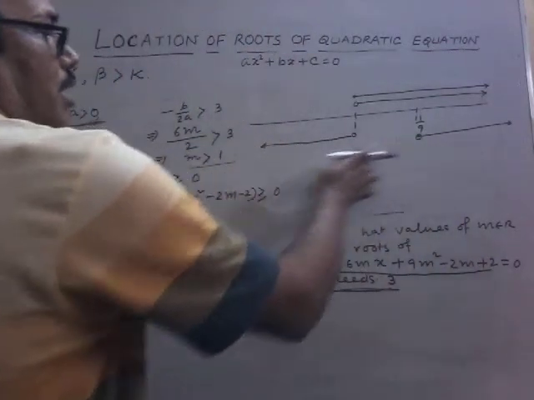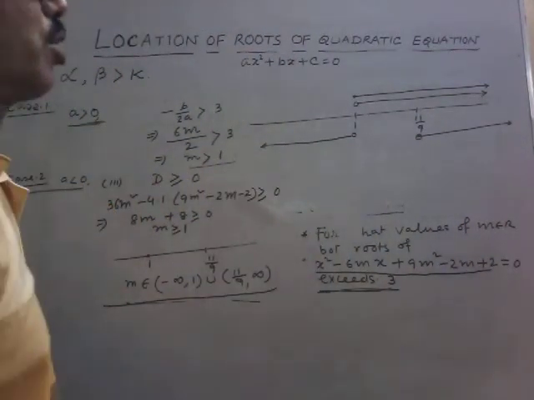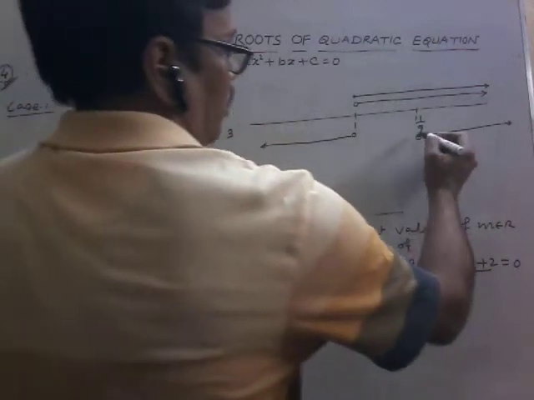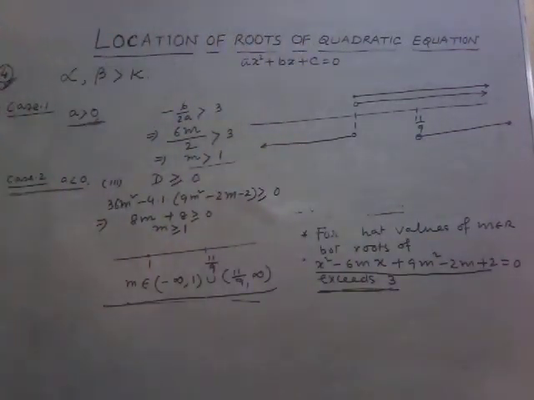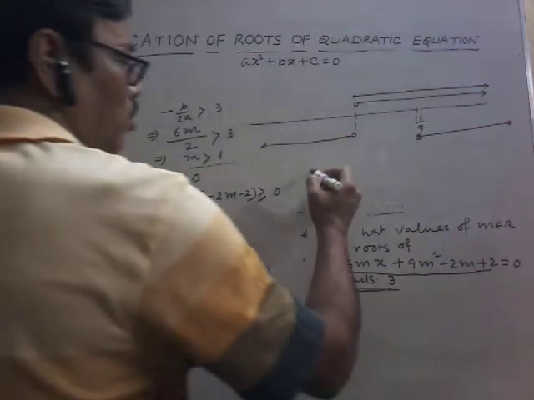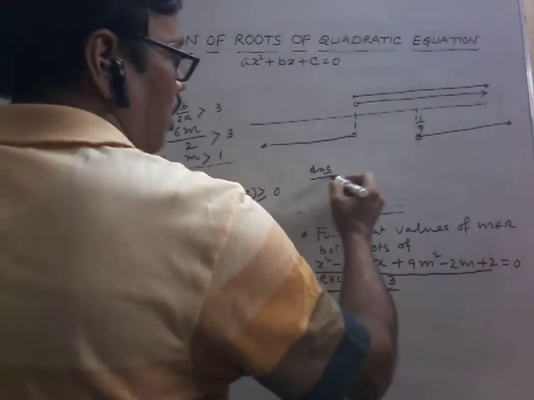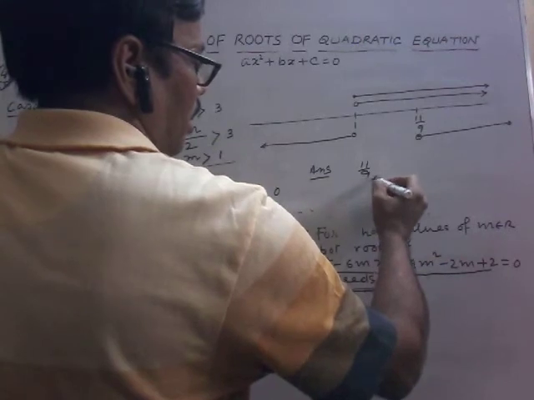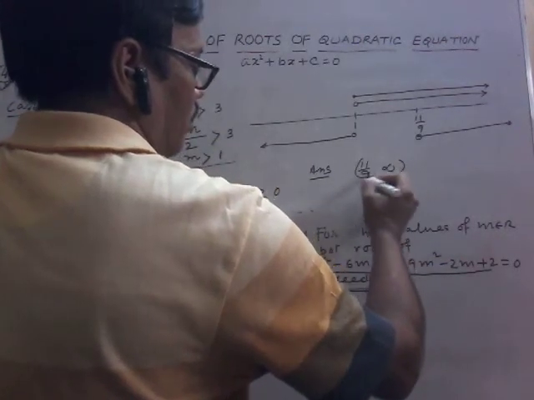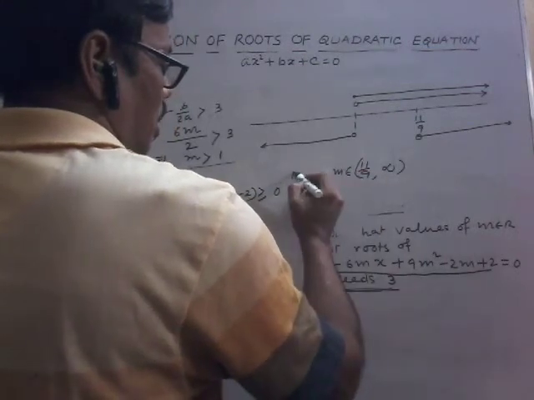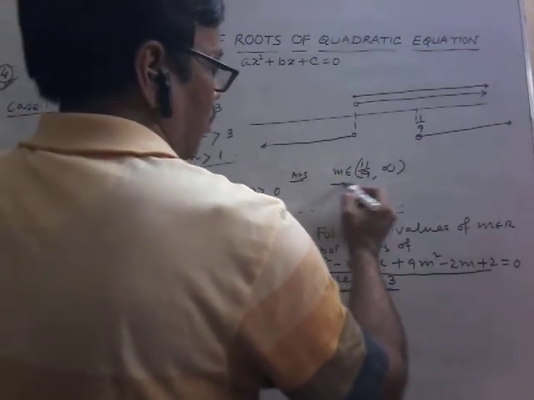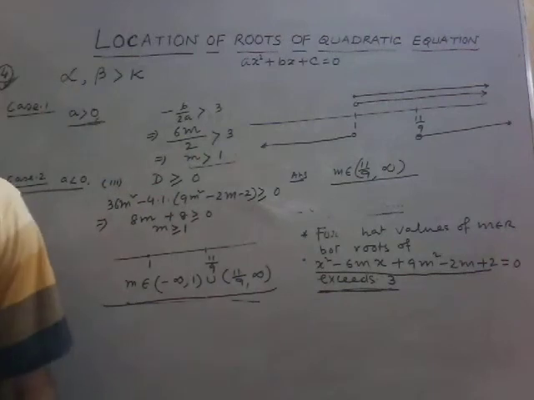So which one is common? Look, this greater than 11 by 9 is the common part. So the answer will be 11 by 9 comma infinity. So m belongs to 11 by 9 comma infinity.